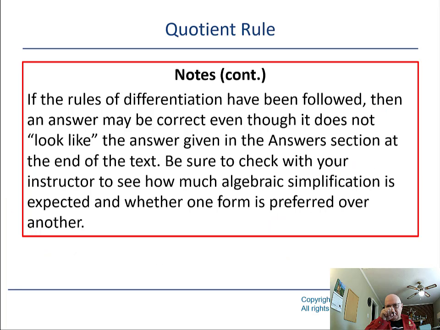Alright? So just watch out for that, because that's a simple thing that can happen. In fact, it's not just in calculus. That can happen in algebra, a lot of different places. So that is the quotient rule.